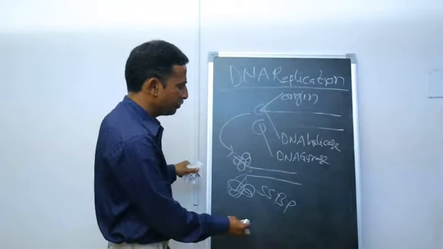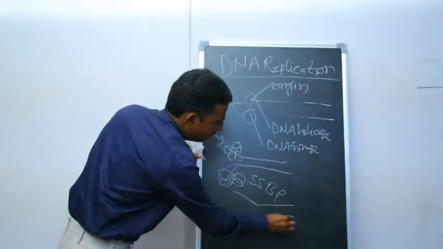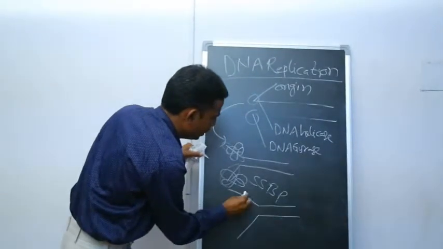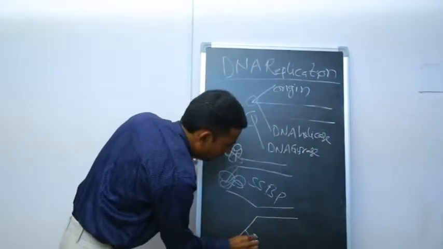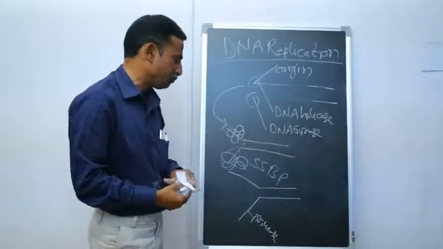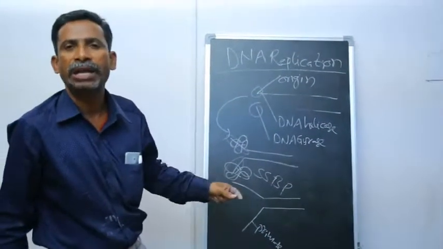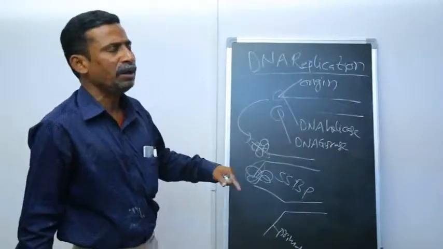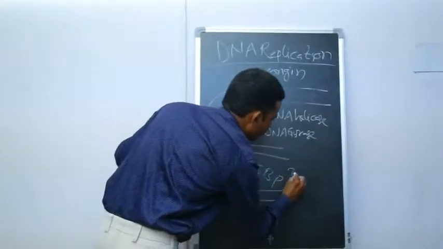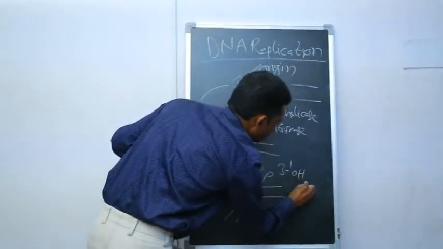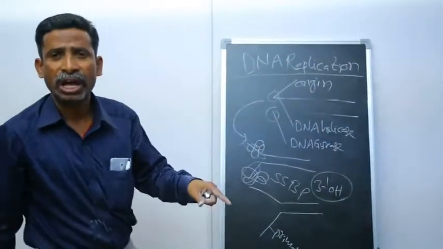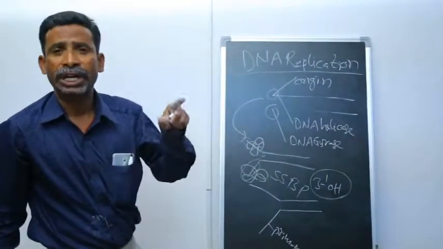In the next step, the DNA again binds with primase enzyme. This primase enzyme initiates the RNA primer. The RNA primer provides the 3' hydroxyl group. This 3' hydroxyl group enables the addition of nucleotides of DNA.